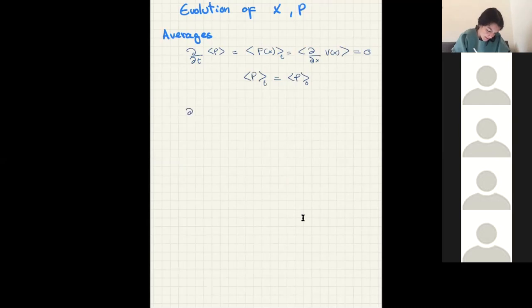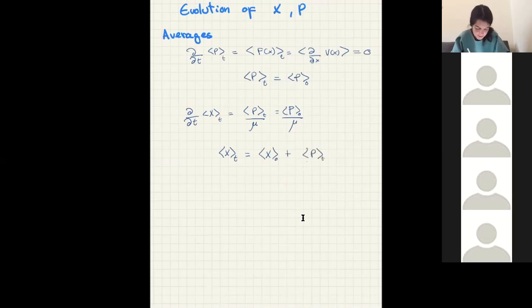So then let's see ddt of x at some time t. Well, as we saw from the Ehrenfest theorem, this was just p over mu, and that's just the initial momentum, which tells us that if this is a derivative, then x at time t is just the initial x times 0 plus this thing, p0 over mu, multiplied by t.